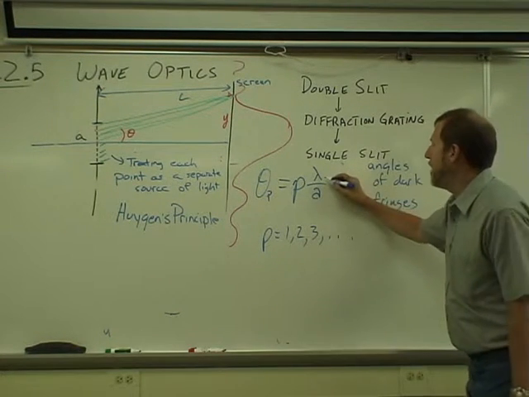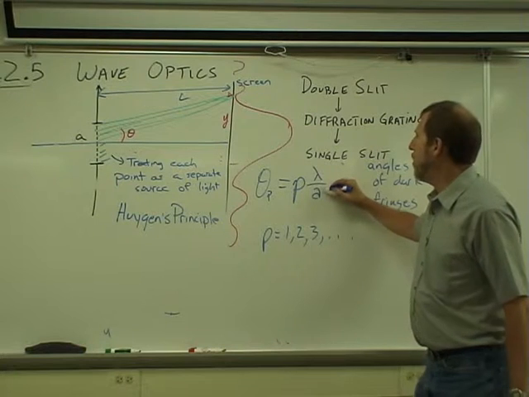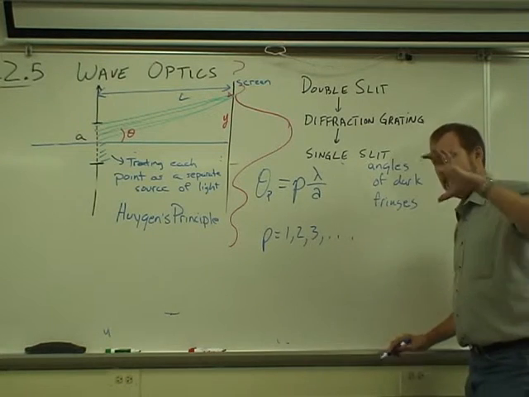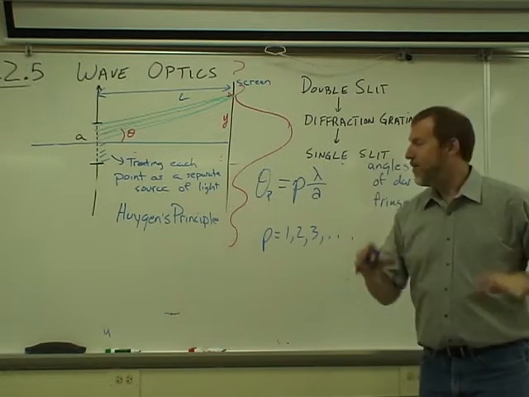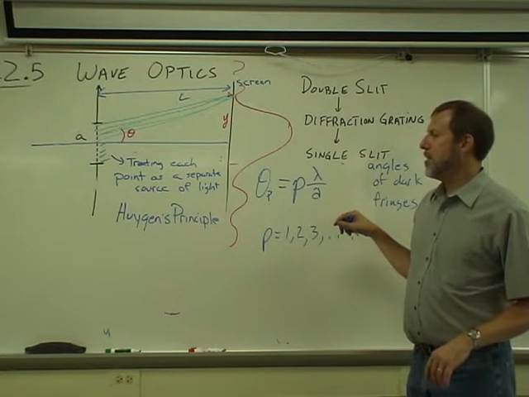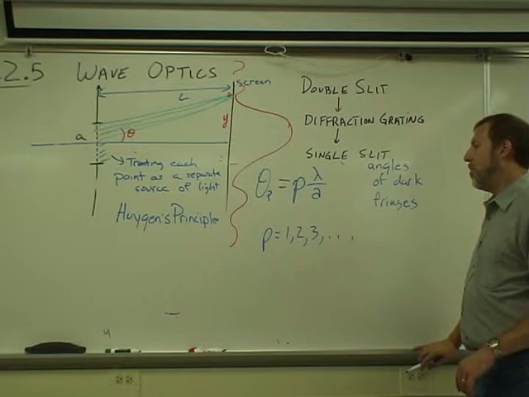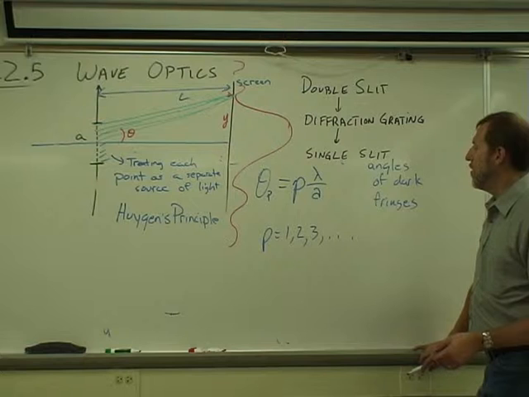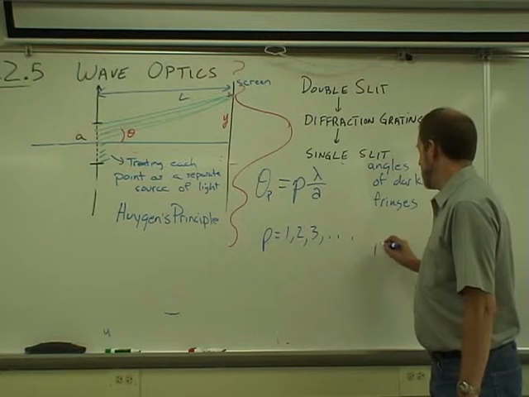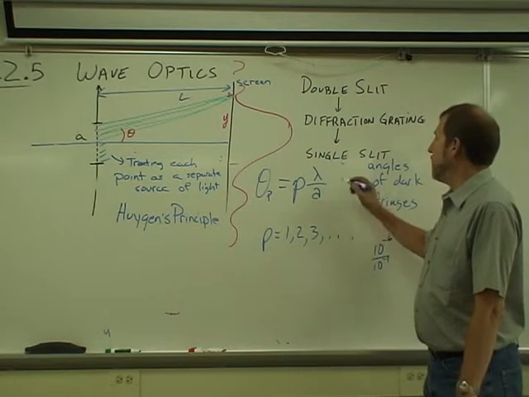Now, we'll notice that if this hole is huge compared to the wavelength, like say a tenth of a meter, and the wavelength is about 10 to the minus 6 meters, then those angles are going to be small.